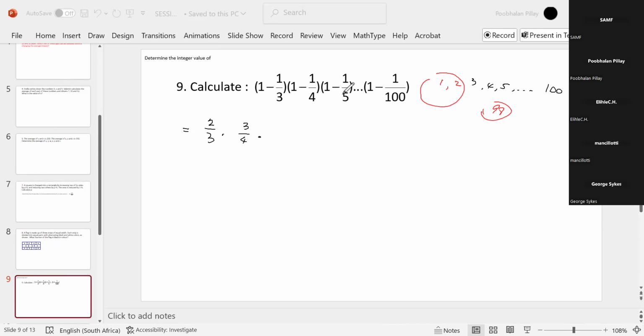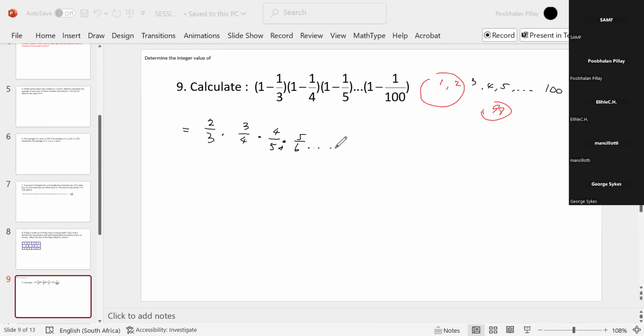Now here, similar, it's 4/5. Because if you add 1/5 to this, you get 1. See, it's another way of asking this question: what must you add to 1/5 to get 1? Right? To interrogate what you mean by subtraction. What must you add to 1/5? That is 4/5. And now this is being multiplied by the next one, 5/6, and so on.